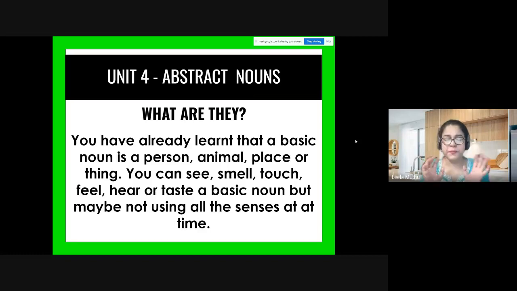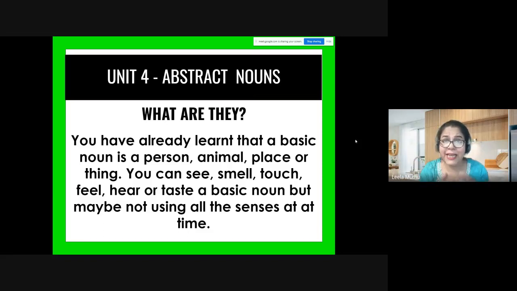Okay, so now, what are abstract nouns? The word abstract itself is something that is a concept, it's an idea, it cannot be touched. You cannot feel it, you cannot see it, you cannot hear it, you cannot smell it, you can't use your five senses for it. So you have already learned that a basic noun or a concrete noun is a person, thing, place, or an animal, right?